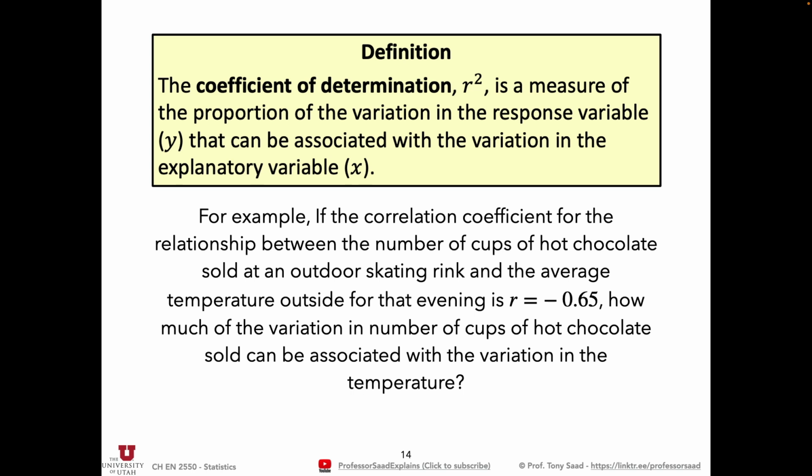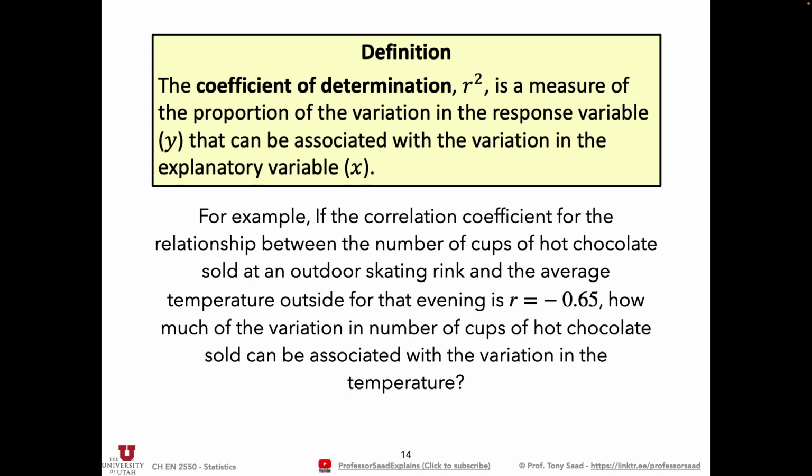So I'll give you an example. If the correlation coefficient between the number of cups of hot cocoa sold at an outdoor skating rink and the average temperature outside is r equals minus 0.65, how much of the variation in the number of cups of hot chocolate sold can be associated with the variation of temperatures? You might imagine that as the temperature drops, people are going to have more affinity to buying hot cocoa, right?